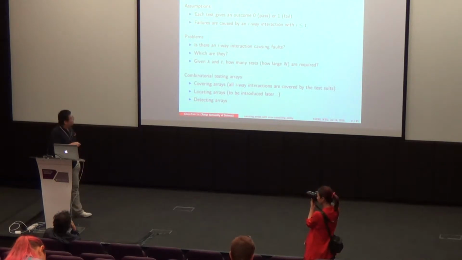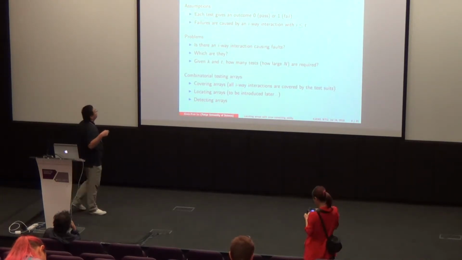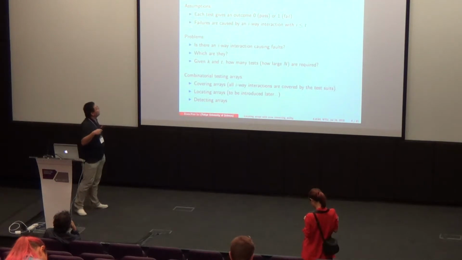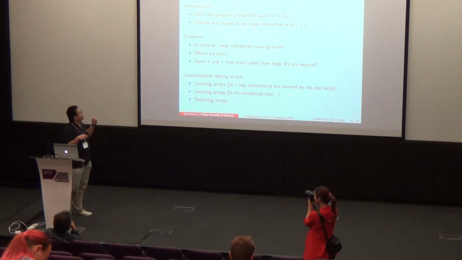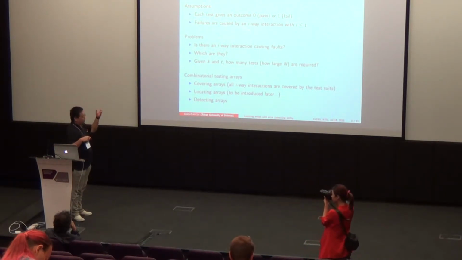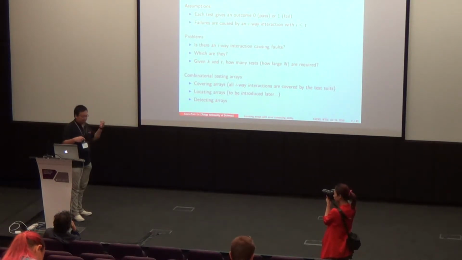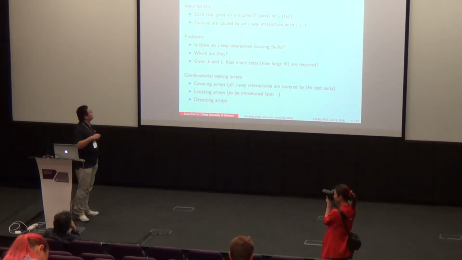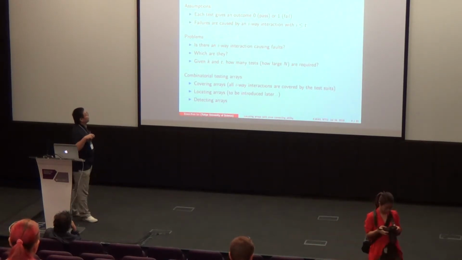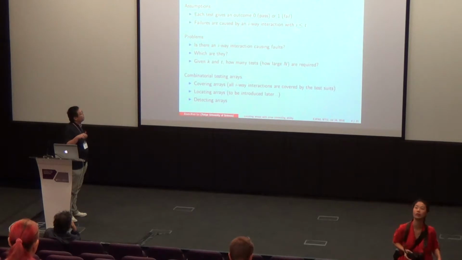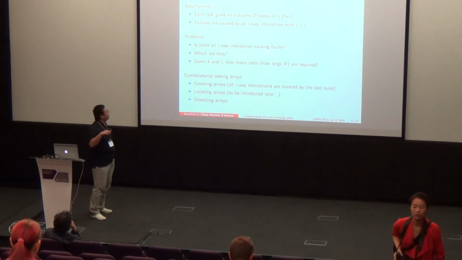So the problem is, first we need some assumptions. When we employ such a test, we will get an outcome, say 0 or 1. 0 means there's no problem, and 1 means there may be some faulty interactions in this test. Another assumption is the failures are caused by an i-way interaction with i at most t.